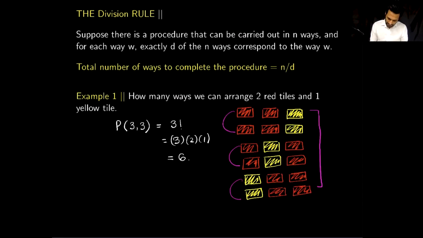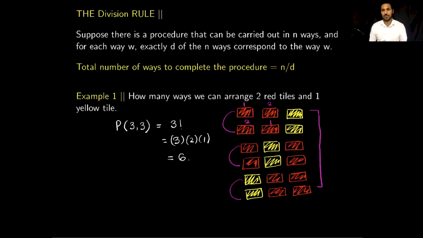So in this case, permutation will mark this tile as tile number 1, this as tile number 2, and then the yellow tile. It considers this problem as three distinct tiles, and then finds all the arrangements, or all the shuffling, you can say.